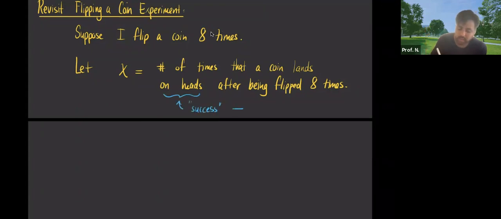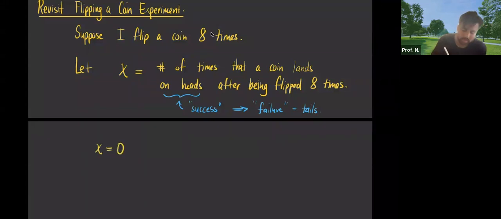So immediately, what's my failure? Tails, right? But I'm only looking at my probability experiment with the lens that success is heads. How many heads do I have when I flip 8 times? So I can have what? X being 0. I can have no heads, right?